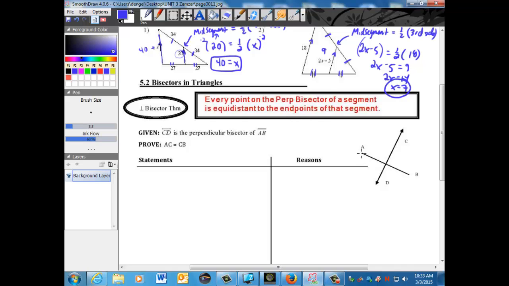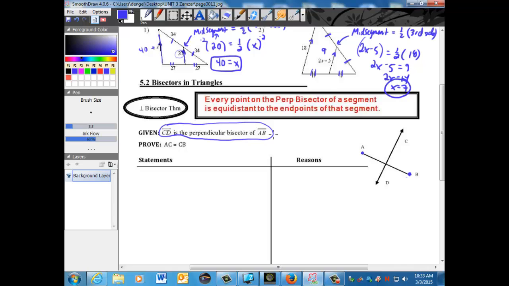So let's put endpoints on segment AB. It's possible that we can measure segment AB because it has endpoints. We cannot measure line CD because it's going to go on forever. But we're given in this problem that line CD is the perpendicular bisector of segment AB.